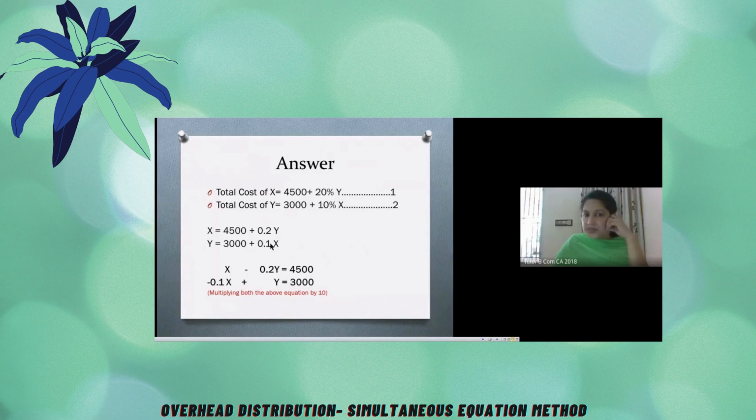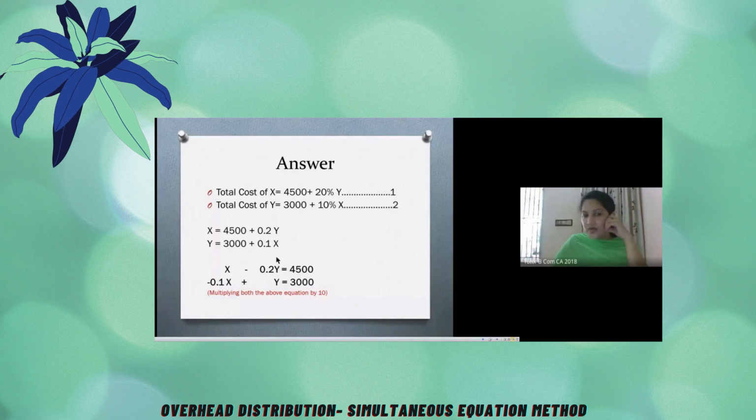Same thing, we took this to the side, like negative 0.1X, plus Y is already there. So negative 0.1X plus Y is equal to 3,000. Okay, that's what we got.